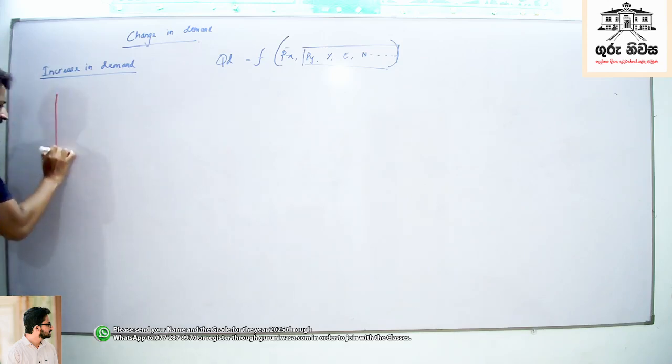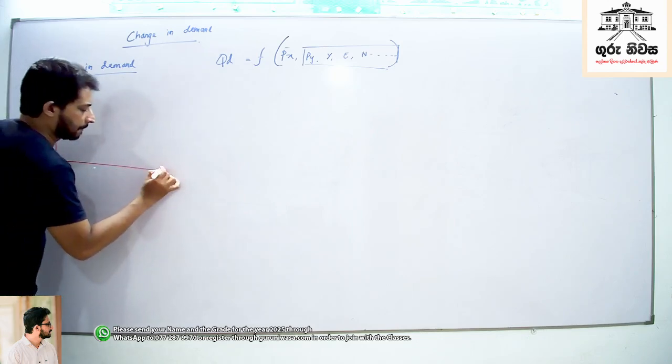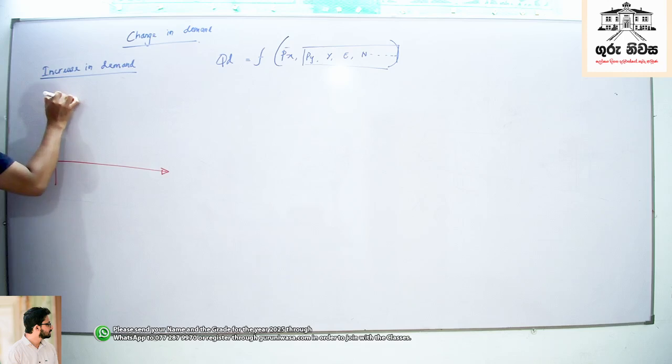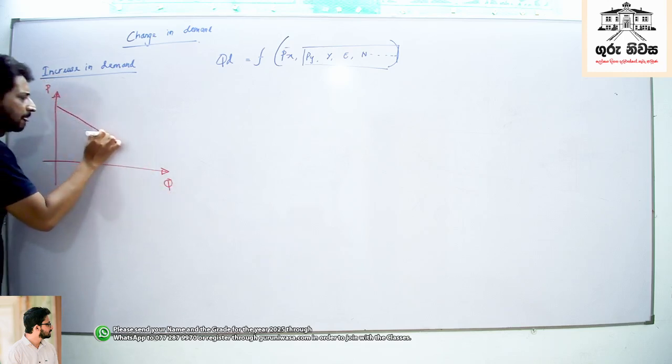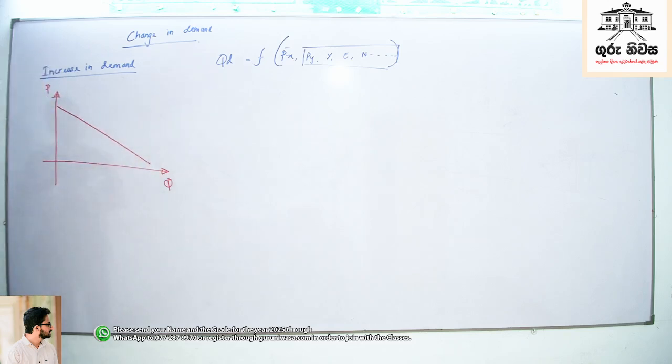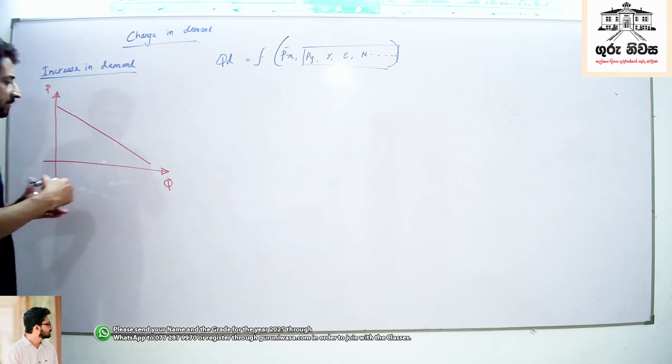Now assume this is a demand curve, price and quantity, for, let's say, vehicles.